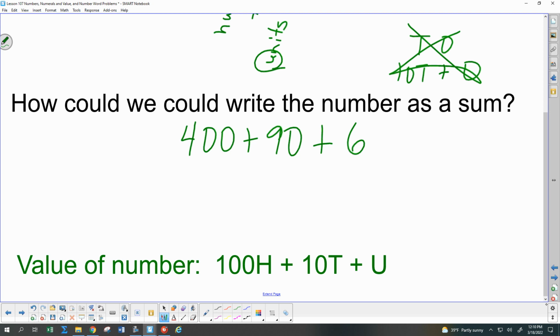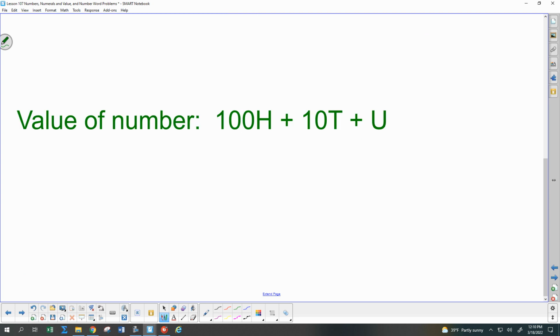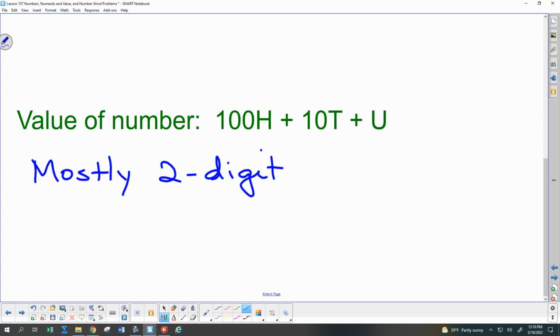Okay, now before I actually go into that first word problem, most of the time we will be doing word problems that are mostly two-digit ones. So if I have something in the tens digit and then in the units digit, that means 10 times what's in the tens digit plus 1 times what's in the units digit as my original value of that number.